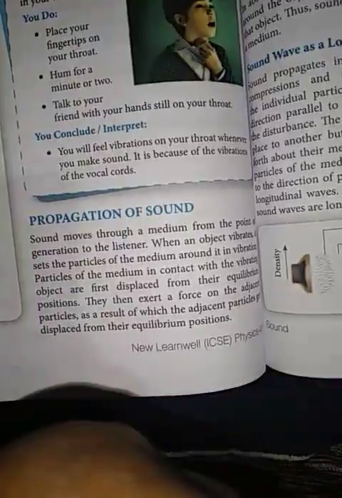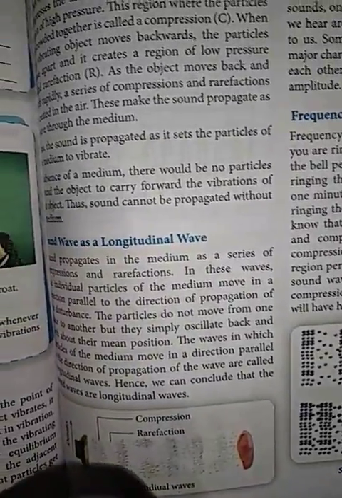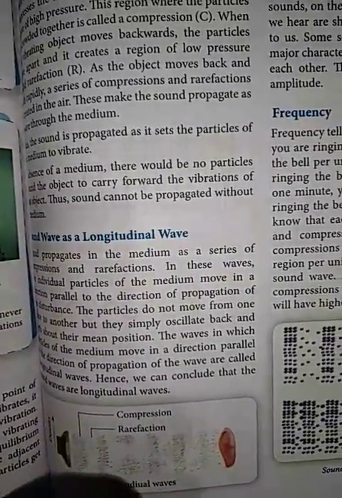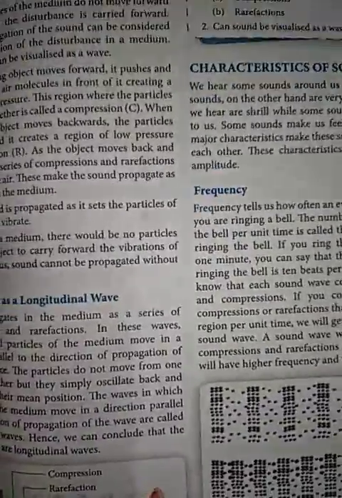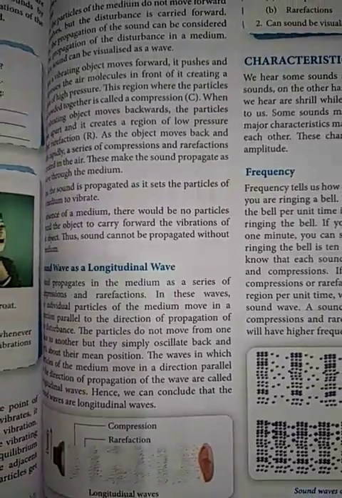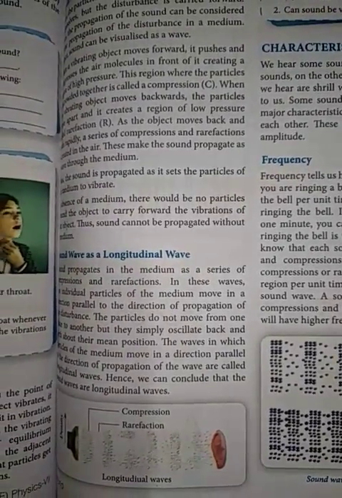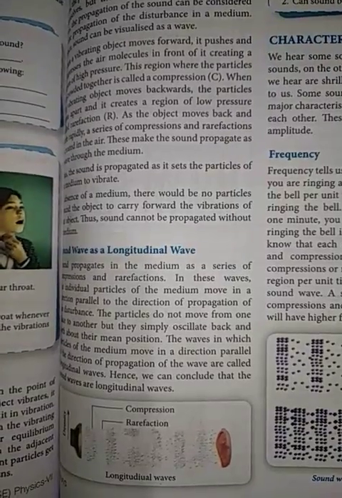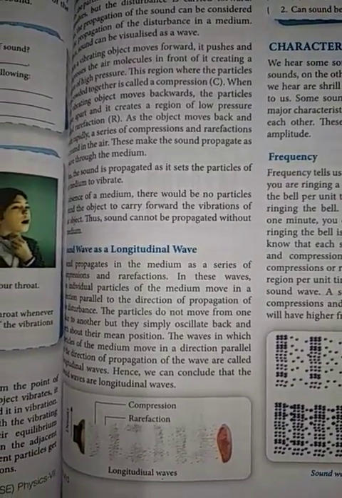Now we discuss propagation of sound. Sound moves through a medium from the point of generation to the listener, from the source of sound to the listener. When an object vibrates, it sets the particles of the medium around it in vibration. Particles of the medium in contact with the vibrating object are first displaced from their equilibrium positions.